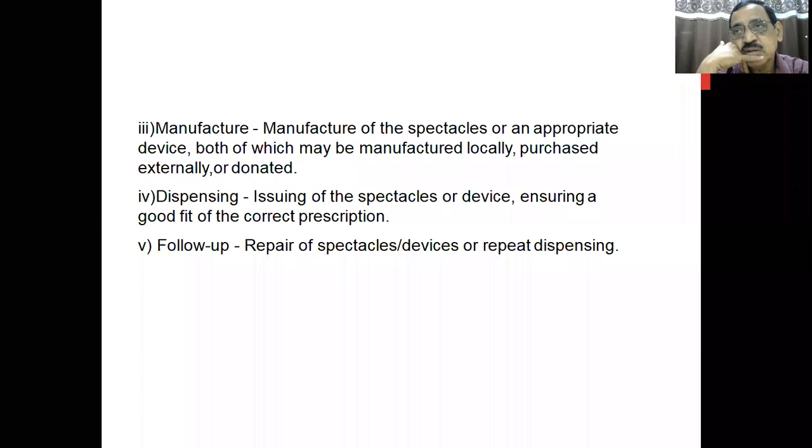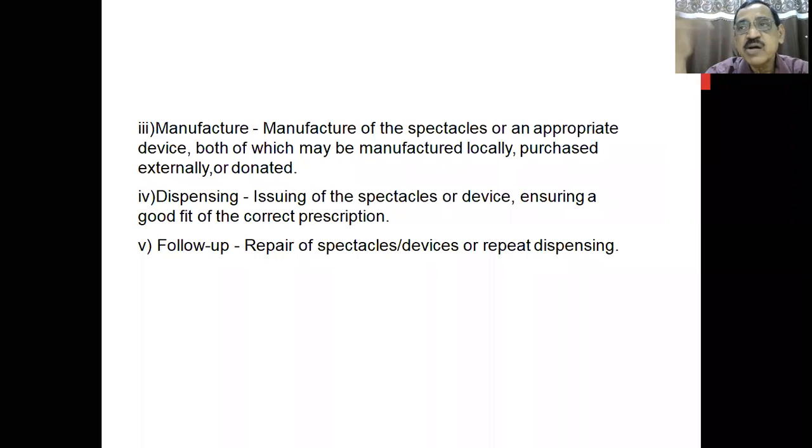The NPCB or District Blindness Control Society is supposed to give spectacles to people who cannot purchase them after surgery, and also in the school health programs, we give them free spectacles. Then comes issuing the spectacles, ensuring a good fit for the correct prescription.